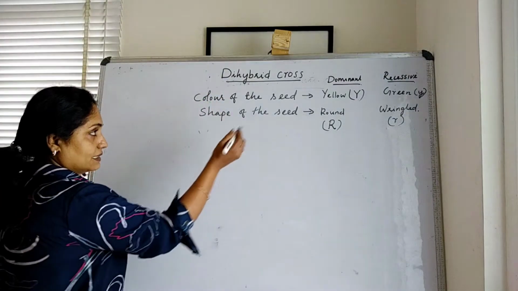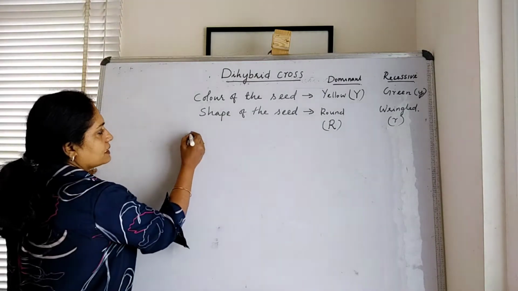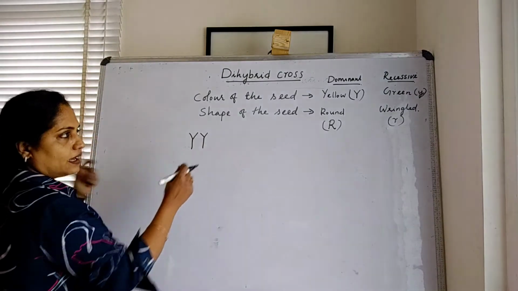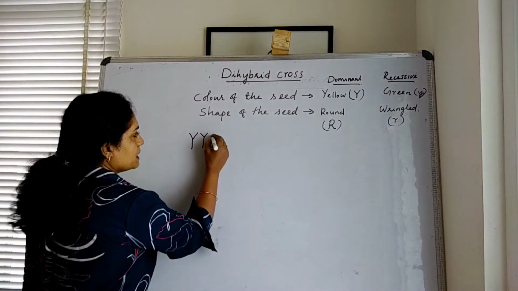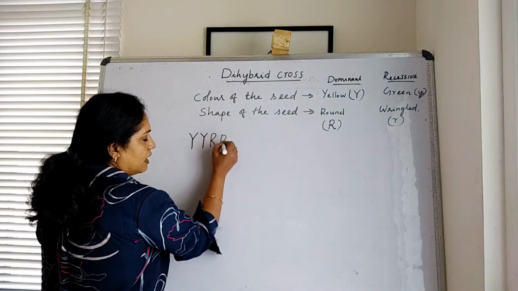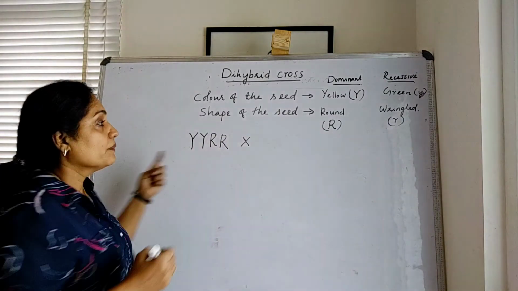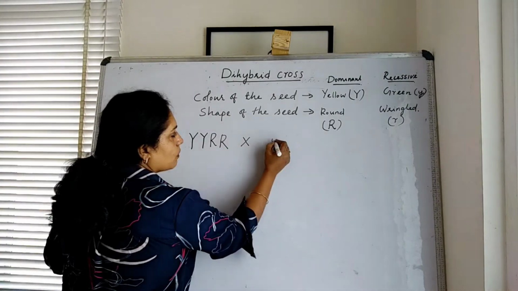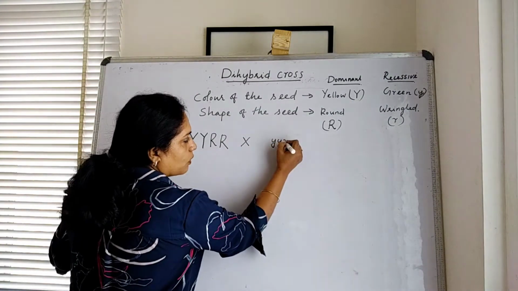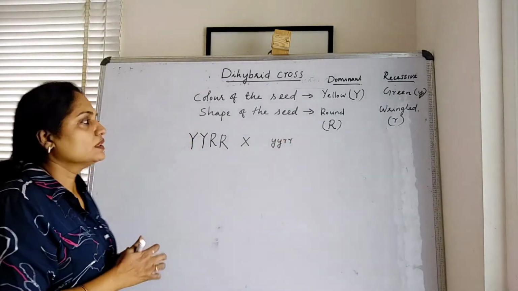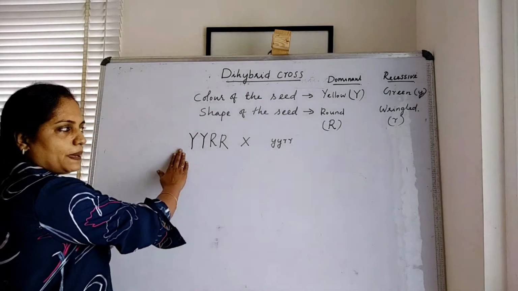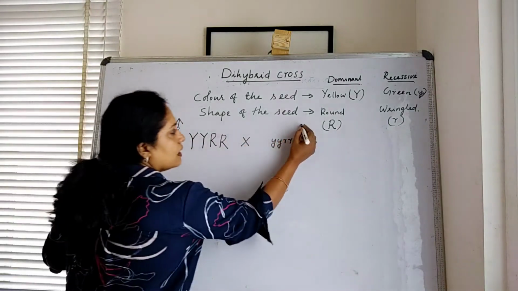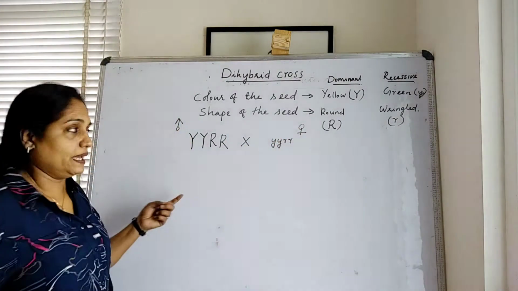So we can take the first parent as capital Y capital Y, and with round seed, capital R capital R. And in the case of purebred recessive parent, small y small y and small r small r. Maybe we can take this as male parent and this as female parent. So we can represent with this symbol male parent and female parent.